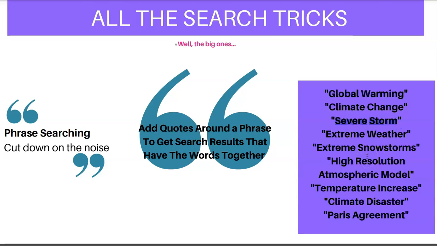Now just don't put any random word in quotes. That will not work. Use the words that are used together on your particular topic. In this case: global warming, climate change, severe storm, extreme weather, extreme snowstorms, high resolution, atmospheric model. I need to put a quote there, and so on.